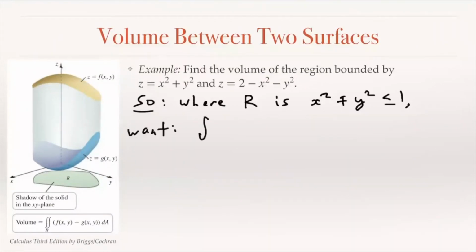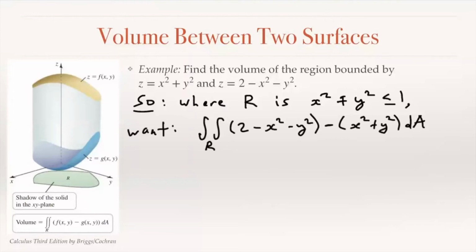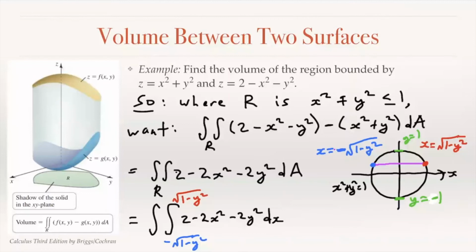What we want is the double integral over R of the higher curve minus the lower curve, dA, also known as this. Okay, so R is the area inside the unit circle, and we can slice, for example, horizontally. We could also slice vertically, but horizontally, we would be going from x equals negative root 1 minus y squared.